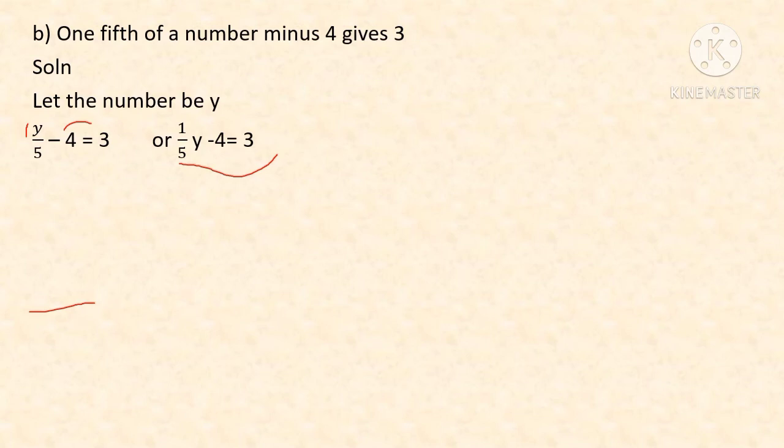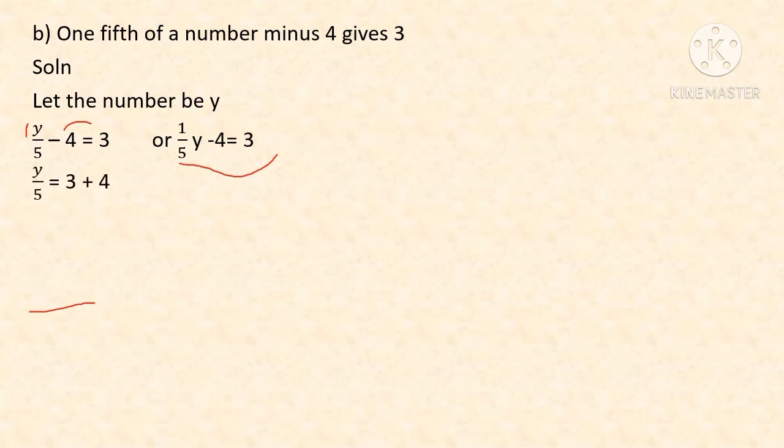So both are correct, children. So 1 into y means y, right? That's why I have written here y by 5. 1 into y means y, right? So y by 5 minus 4 equal to 3. Or 1 by 5y minus 4 equal to 3. Both are correct.